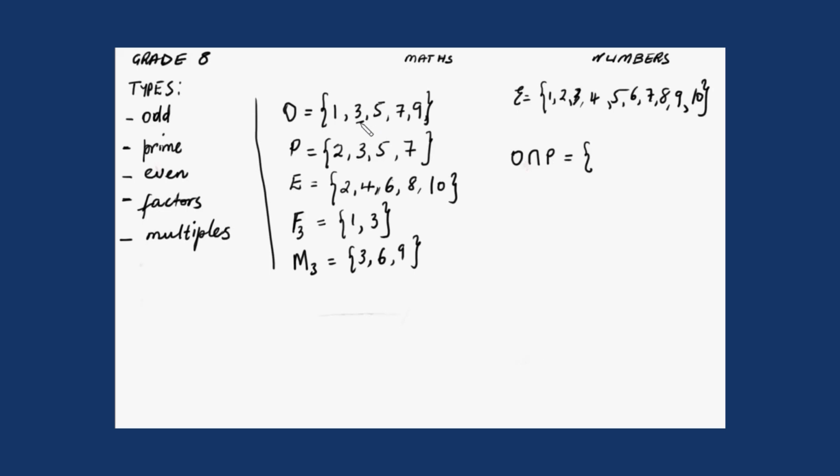I'm seeing 3, 5, 7. Intersection means common. O intersect P means we are looking at elements that are found in both sets.